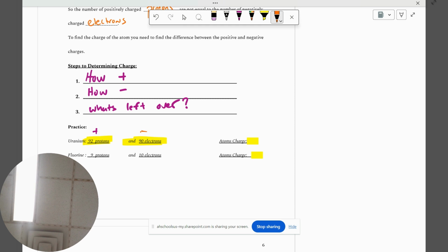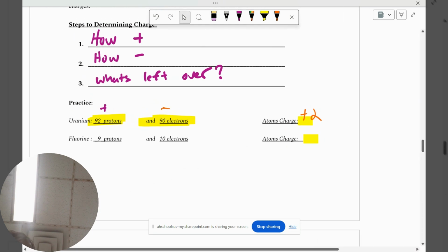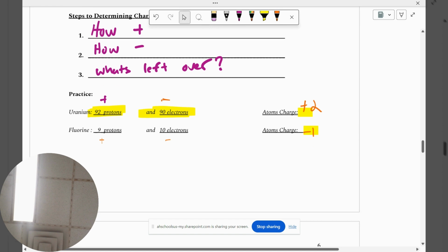Does everybody see that? If you canceled out 90 of them, there's only going to be two positives left over. If I have 9 positives here and 10 negatives, what's left over? Negative 1. Okay, you got the idea? So now these atoms are what we call ions in their charge.